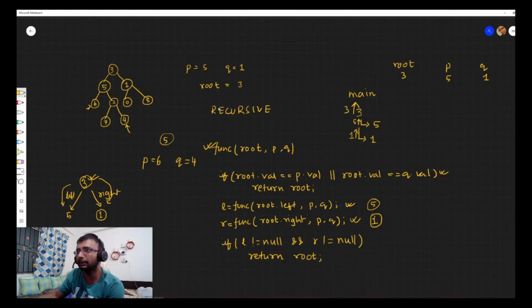So what happens is a call goes with 3. Then 3 again invokes a function with 5, because left is called first and then we call the right.